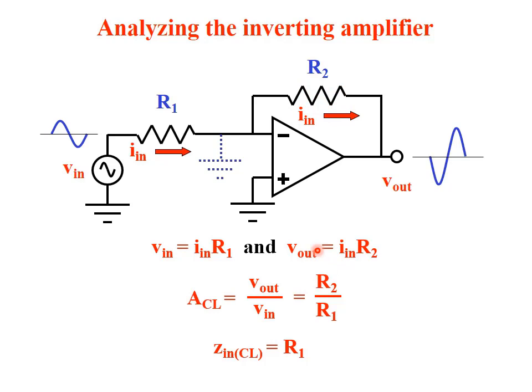By this way, we can easily calculate the gain. Remember, the gain equals the output over the input. So Vout over Vin equals IN R2 over IN R1, and IN will cancel. So we have R2 over R1. The closed loop input impedance is equal to R1.